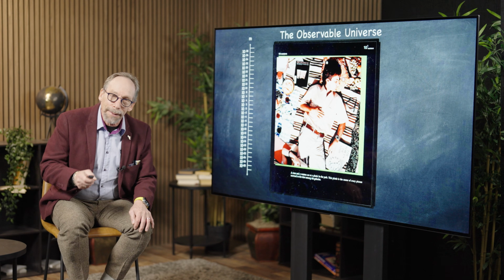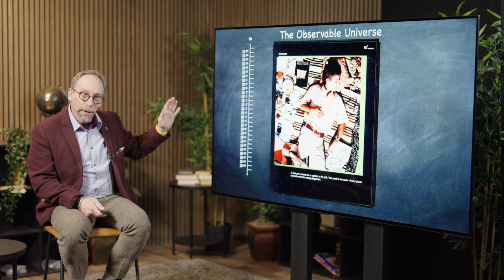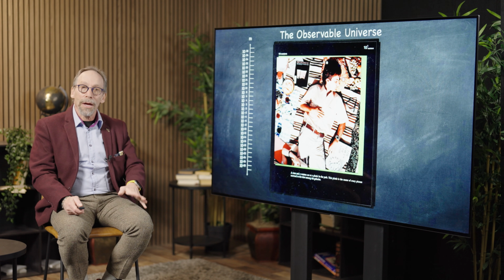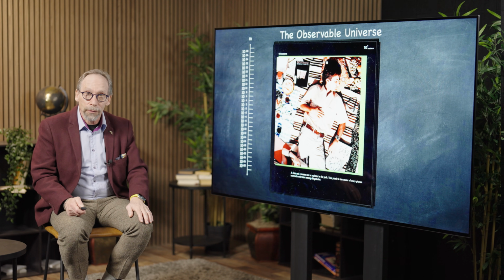Just 26 clicks of my clicker here took us, in powers of 10, from this scale to the largest scales we can directly see in the universe today, in which we can experiment as we try and understand the origin of our universe and its potential future.